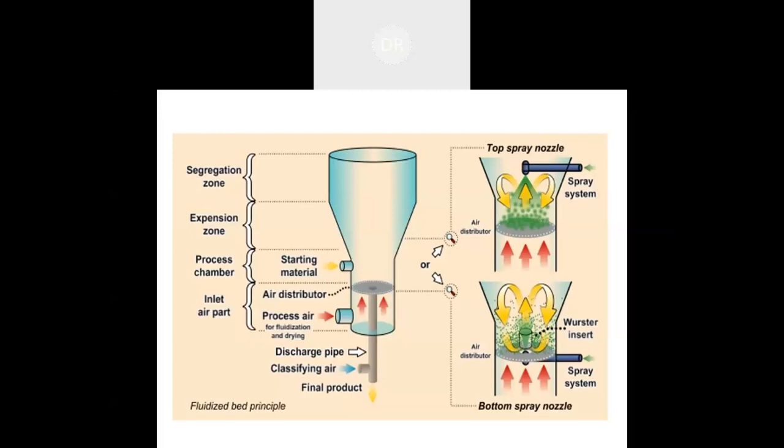In spray drying, it is only in one direction, whereas in the fluidized bed dryer it is in circulation movement. So you will get the dried product, and it is collected there itself. The air velocity is lower than in the spray drying method.